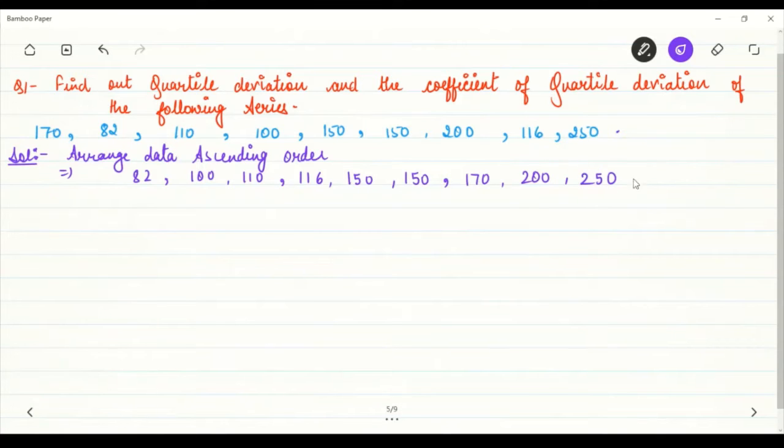And n here is 9. How have we calculated 9? 1, 2, 3, 4, 5, 6, 7, 8, 9.